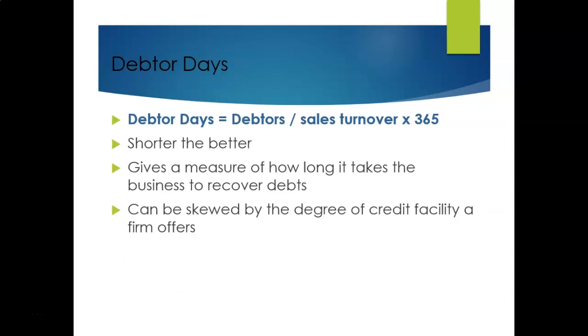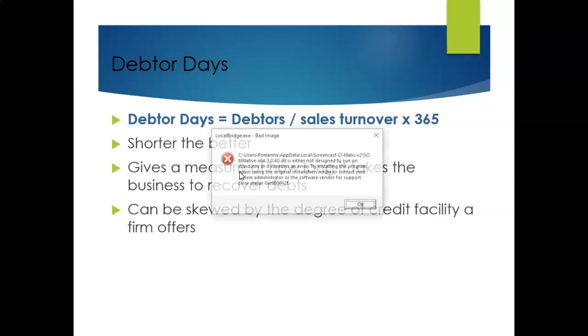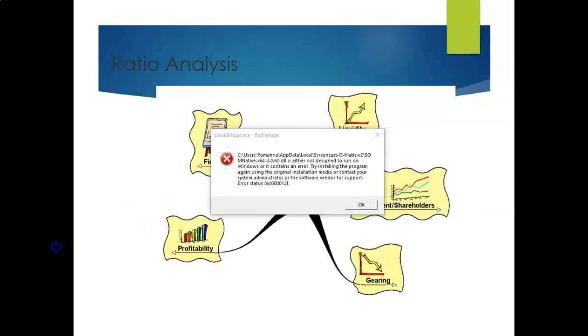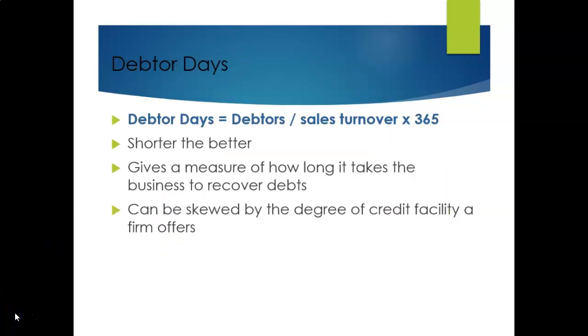Debtors days. Debtors days can be calculated by the formula debtors divided by sales turnover into 365 days. If I calculate the debtors days in number of days, it will be 365 multiplication. If I want the data in weeks, it can be 52 weeks.